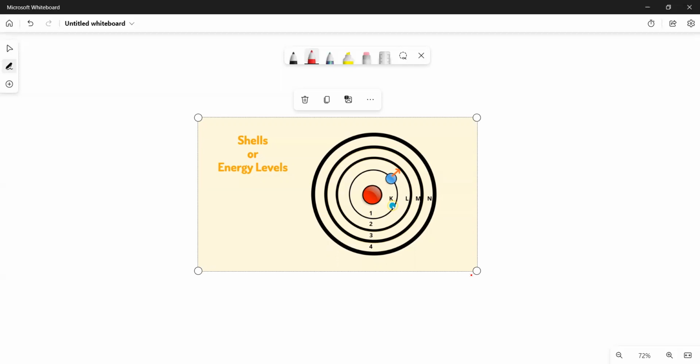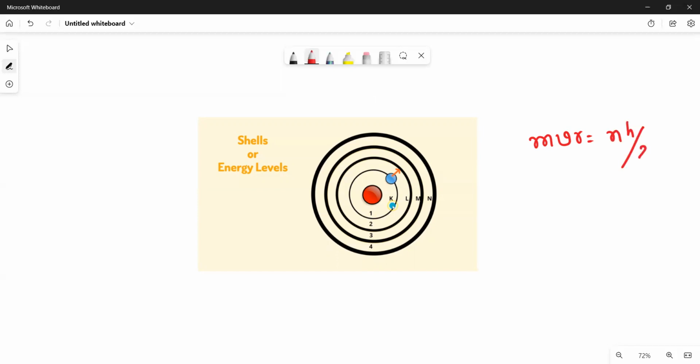So according to Bohr theory, it was written that mvr equals nh by 2π. I don't know whether it has been told to you or not, that the angular momentum is quantized while the electron is moving in this shell.